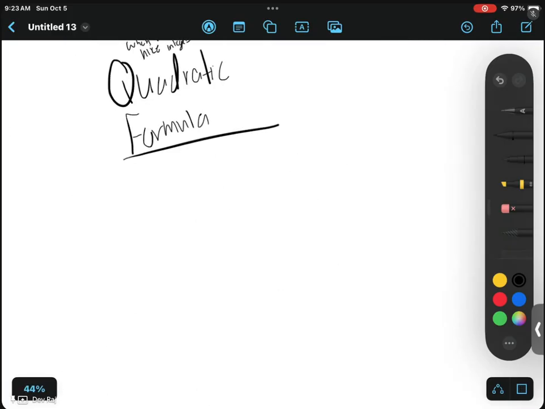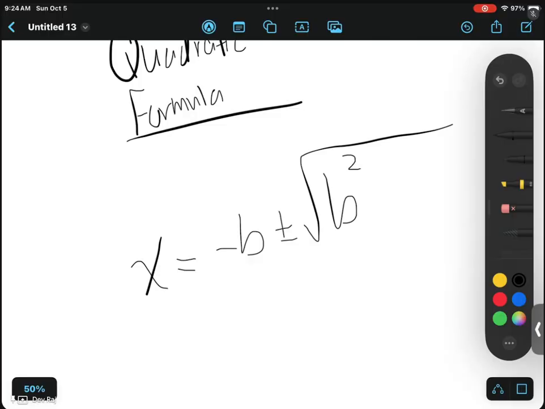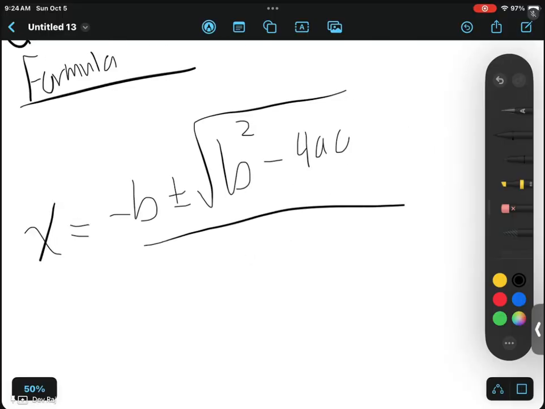So that's why we have the quadratic formula, which basically just states that our x-intercepts are equal to negative b plus minus the square root of b squared minus 4ac, all over 2a.